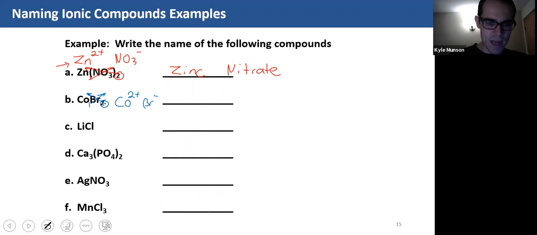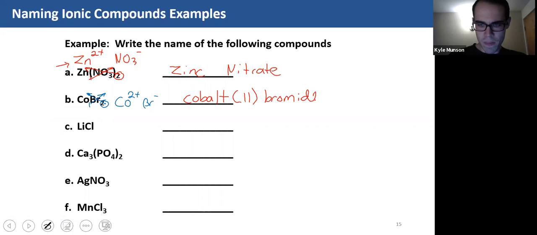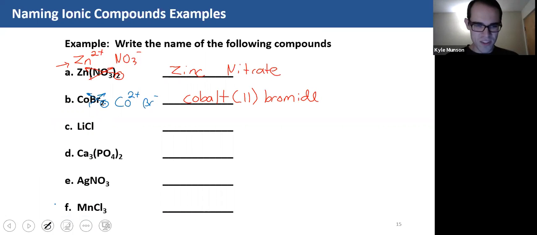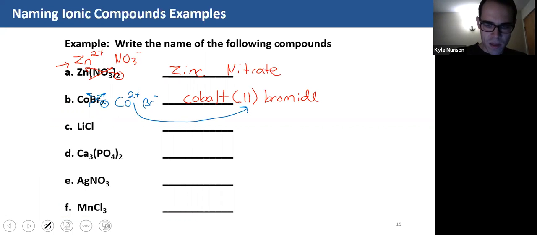And this is a bromide anion. So when we name this, this is going to be cobalt 2 bromide. Okay, and that's why I wanted to reverse the crisscrossing to see the charge on the cobalt, because its charge needs to be included in its name.